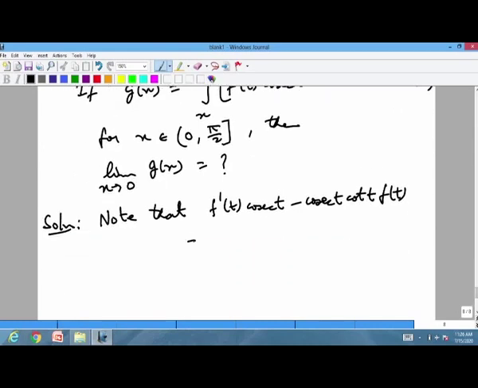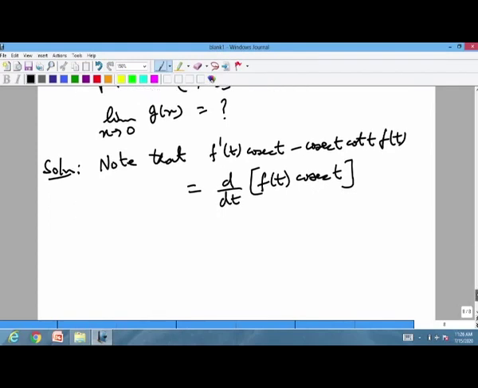This is nothing but the derivative of f of t times cosec t. Because if we use the product rule for derivative, then this gives derivative of f times cosec t, and the derivative of cosec t is minus cosec t times cot t.